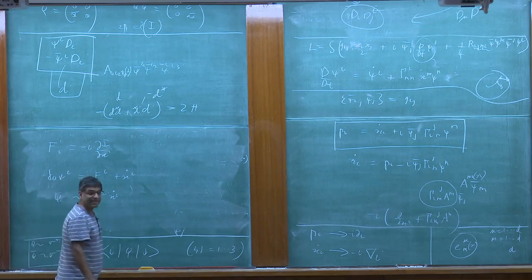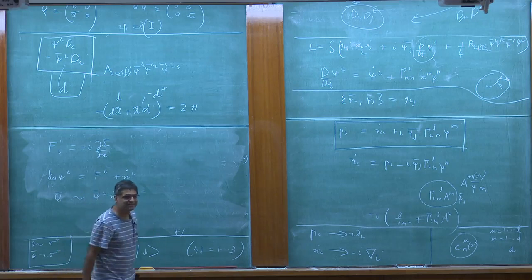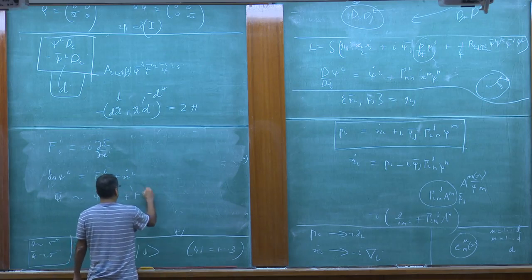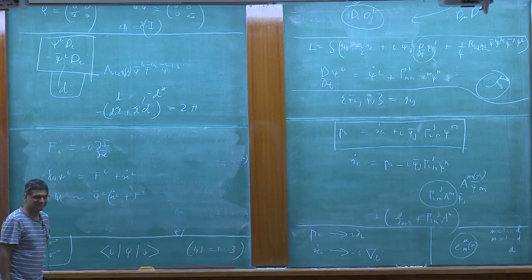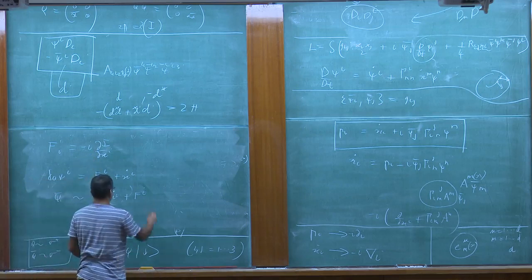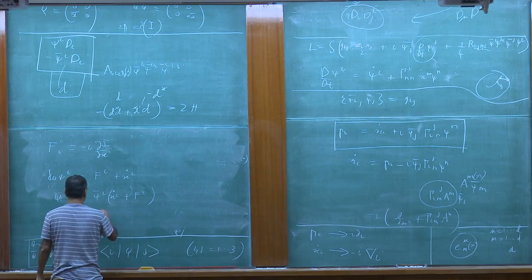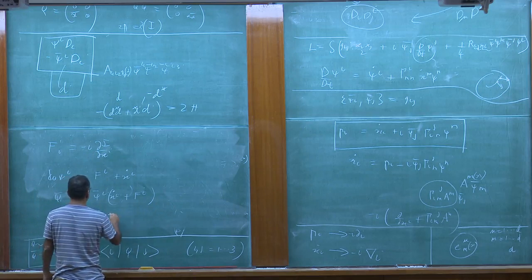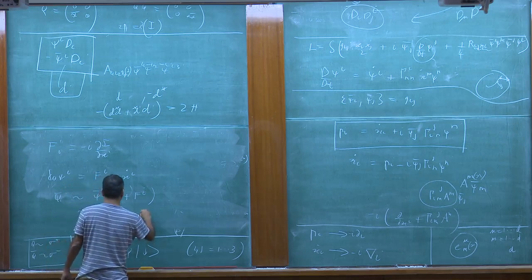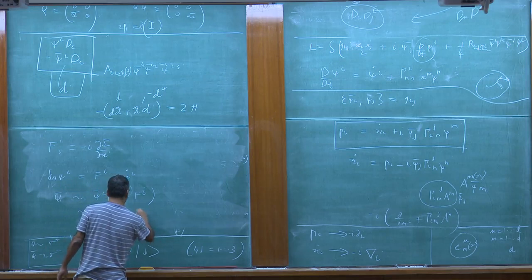But now we also have this F_i, which is a function of the x^i's. So we should add to it plus F_i. But F_i was minus i ∂h/∂x^i. So this is i ẋ^i minus i ∂h/∂x^i.